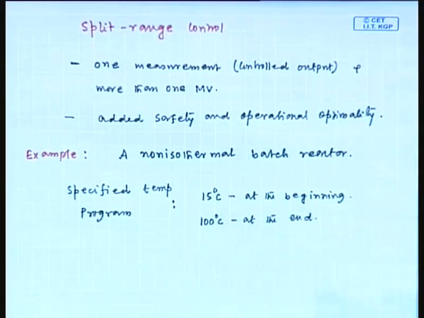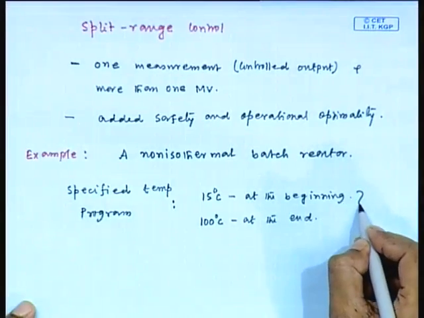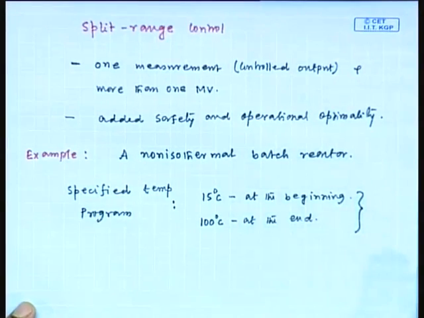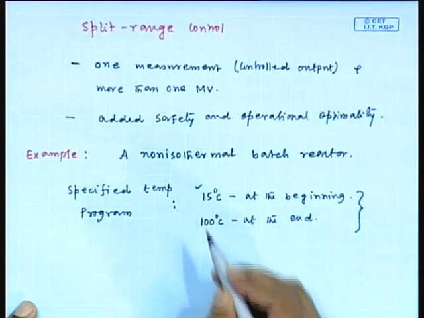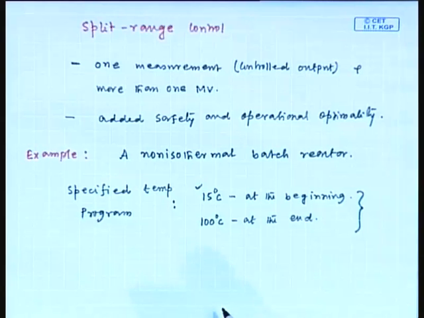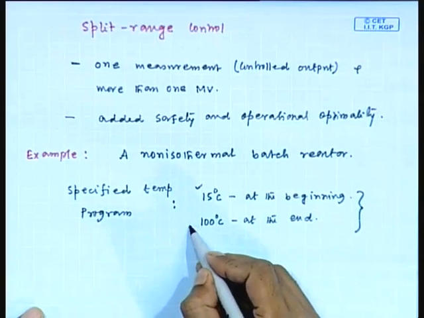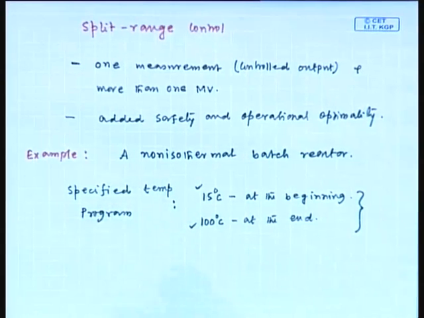So, obviously, the temperature changes with time, and it is common for batch operations. If we want to maintain 15 degrees Celsius or near to that, we need to use a cooling medium, and if we want to maintain 100 or nearby, then we need a heating medium.